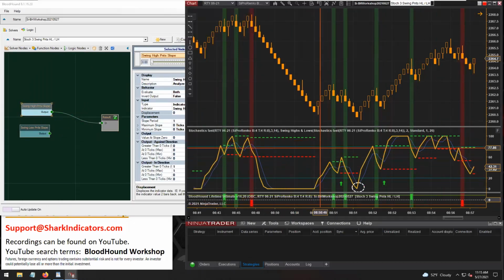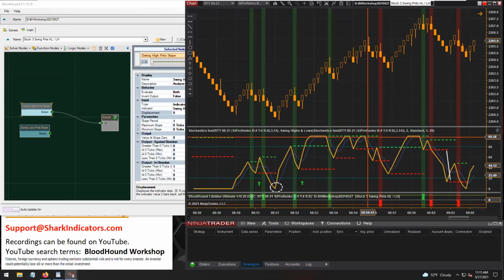And so now, let's see. Yeah, so now whenever the swing highs are stepping up, there we go. And if the swing highs are stepping down, we're going to get a short. So right here we can see the swing high steps down, then we get a short.